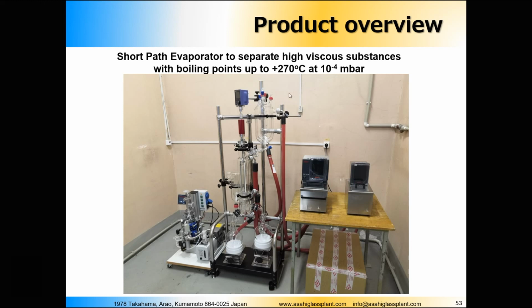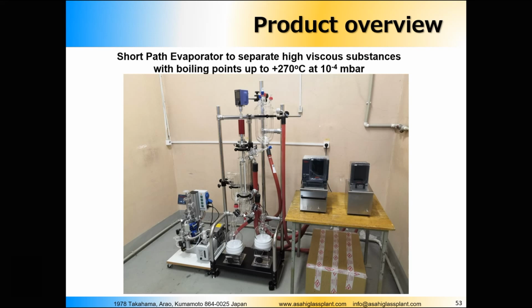Very interesting unit, because it not only has a jacketed feeding vessel here, which is heated by a separate thermostat, this thermostat is heating the main heat exchanger, but also the lower part of the heat exchanger is heated, because the customer was really afraid that the heavier substance may stick inside the heat exchanger.